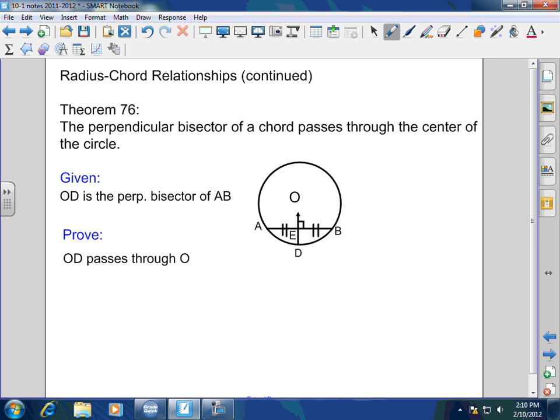It keeps going on forever, correct? So it's going to continue going till it hits here. Once it hits O, aren't AO and BO congruent? Aren't AE and BE congruent? So B is equidistant to E, and A is equidistant to E, and A is equidistant to O, and B is equidistant to O. So it'll be the equidistance theorem again.